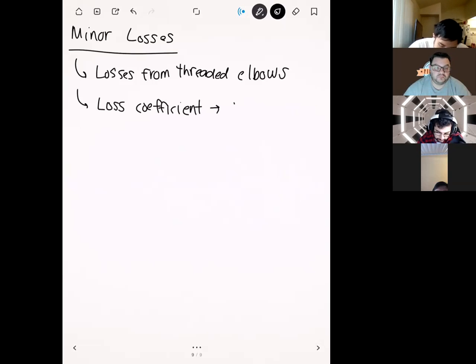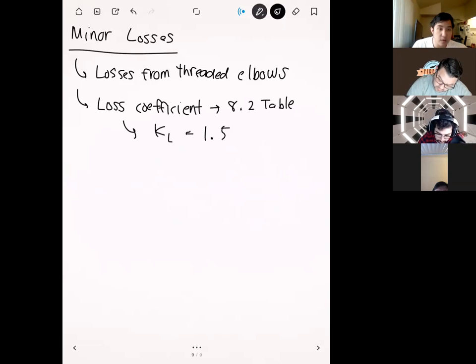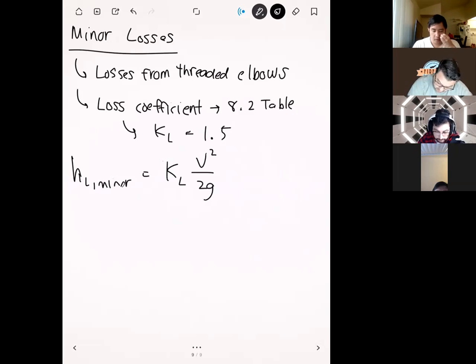We look this up in table 8.2, and what we see is that for threaded 90-degree elbows, the loss coefficient is going to be 1.5. We can plug this into our formula for h_L minor.